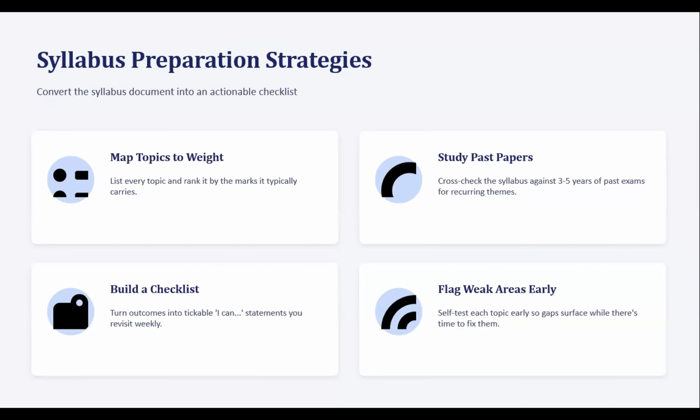Again, what we talked about, like the baseline, you are supposed to establish that baseline where you are at the moment using the past paper. Remember, you can also flag your weak areas early based on your personal circumstances, your predisposition.